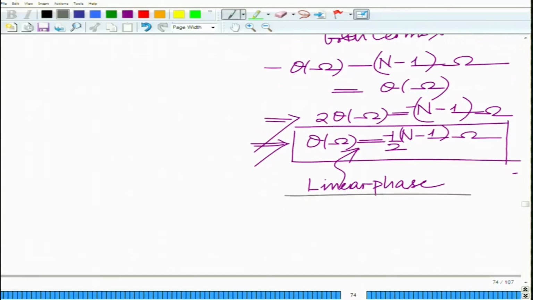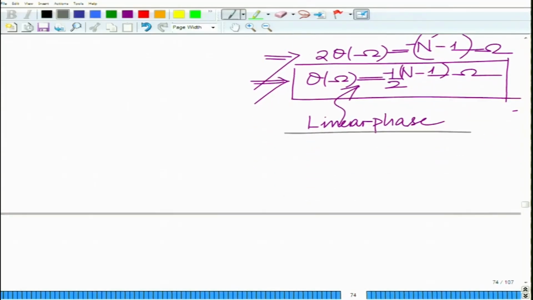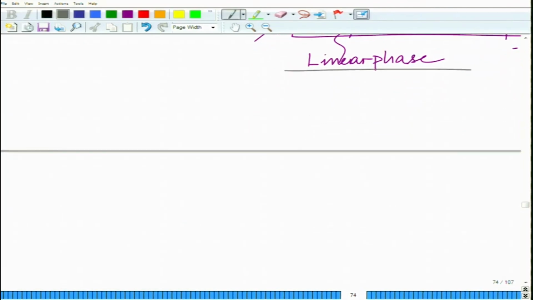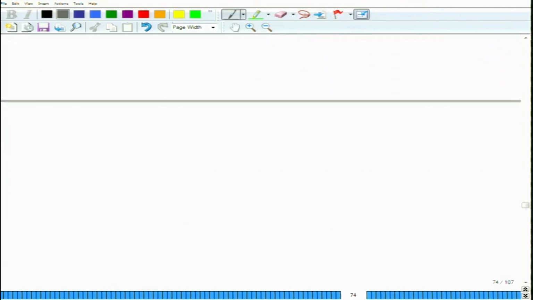Alright, let us proceed to the next problem, which is also again very interesting, and it talks about the sampling of a continuous time system. This is problem number 15 I think.